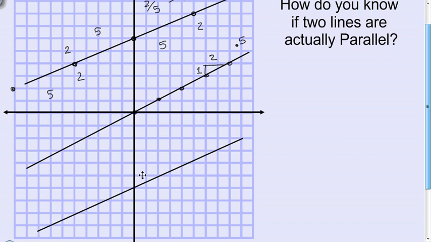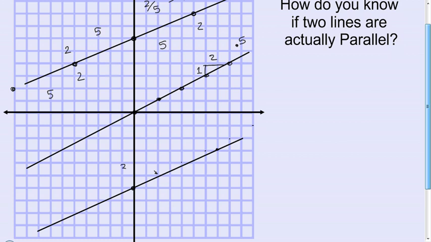Come down and do this for my other line down here, see if it's the same. It looks like I'm going through that point. It kind of looks like I'm maybe going through this one, up 1 over 2. But notice if I keep doing an up 1 over 2, I'm actually getting further off of my line. So that must not be an actual point on that line. It looks like maybe this one might be.